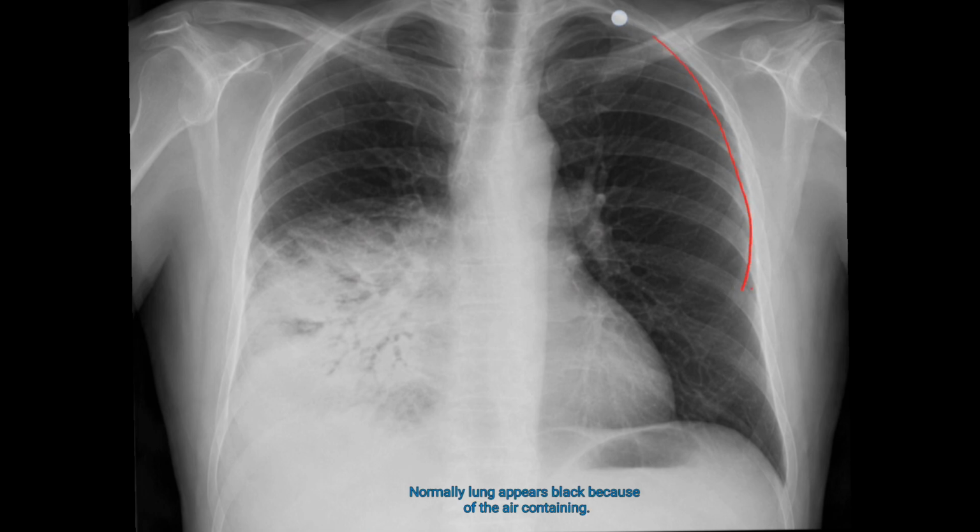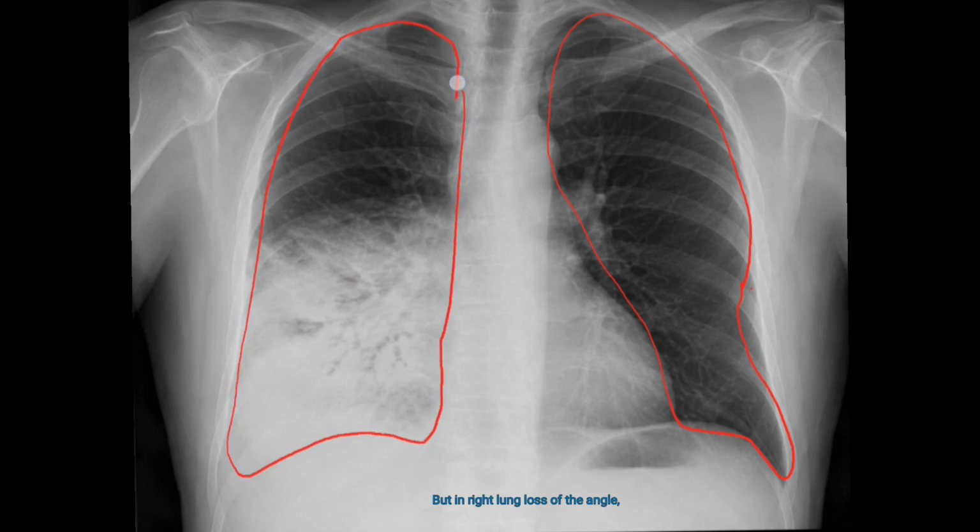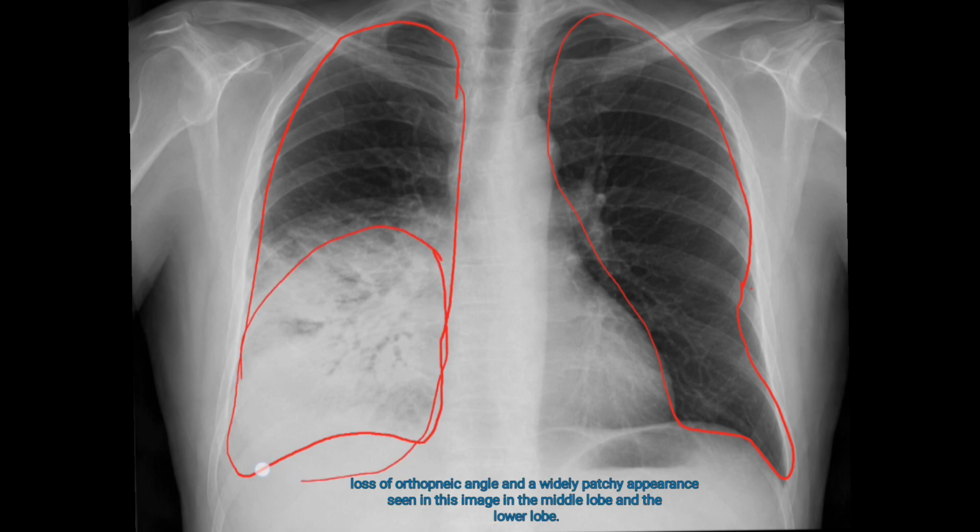Normally, lungs should appear black because of the air they contain. You can see in the left lung, the entire lung is black, but in the right lung, there is loss of the costophrenic angle and a whitish patchy appearance seen in this image in the middle lobe and the lower lobe.